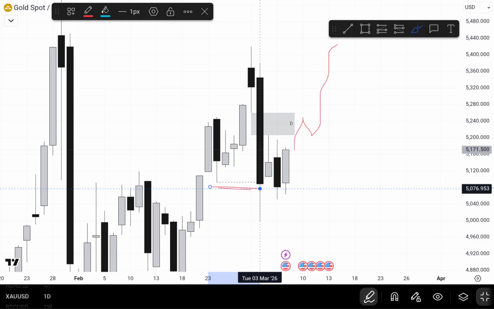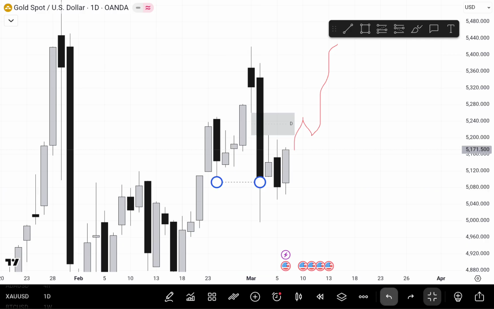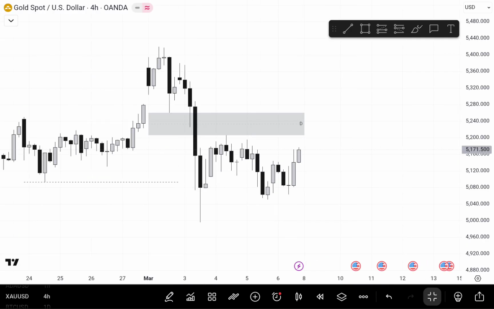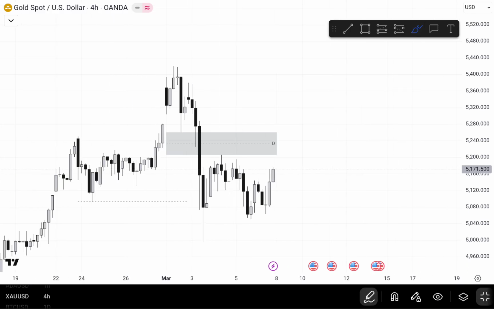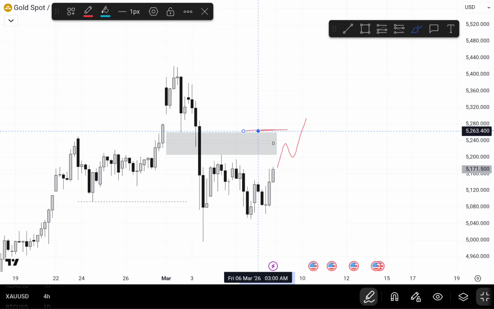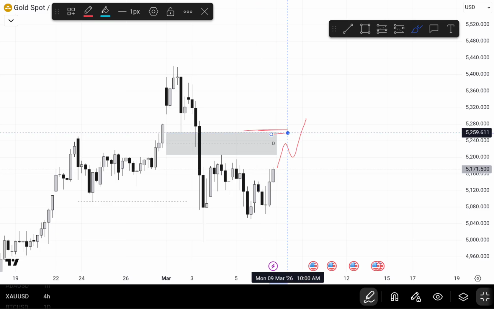I want to see something like this on the 4 hour, that we then create a 4 hour fair value gap above this daily fair value gap, showing that okay, we have disrespected it and we are now in alignment with that monthly and weekly bias, which is bullish. So it's just as simple as this.